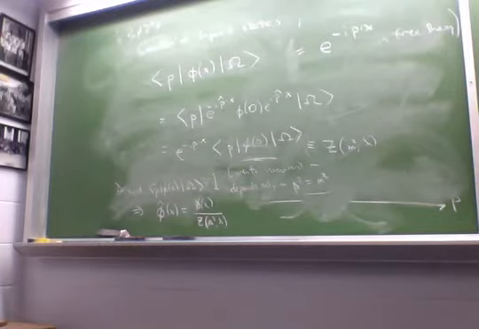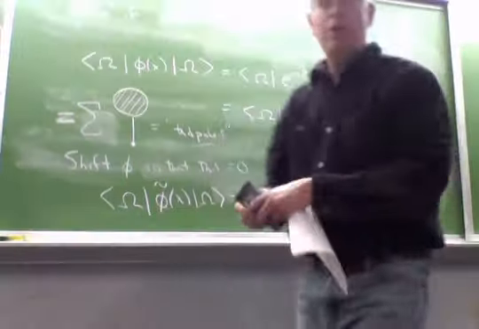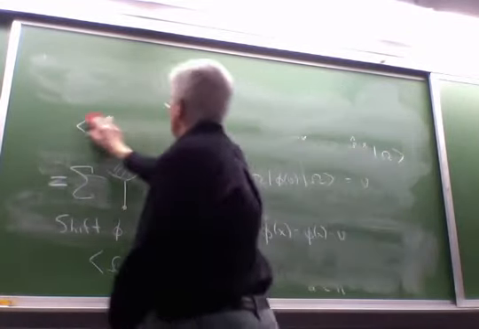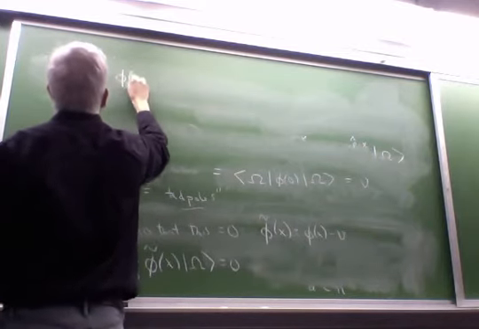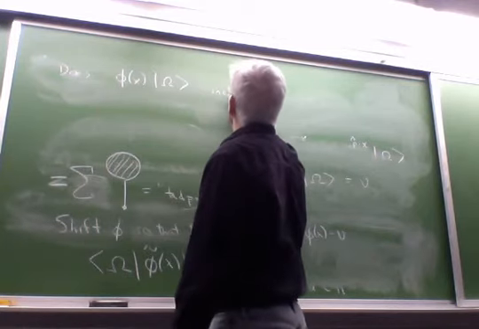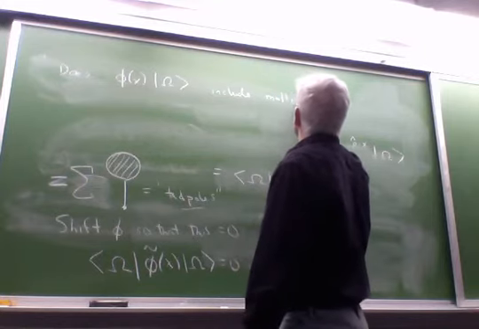There's one last thing to check now, which is, what about multi-particle states? Does phi of x, when you act on the vacuum, include multi-particle states as well as single particle states?